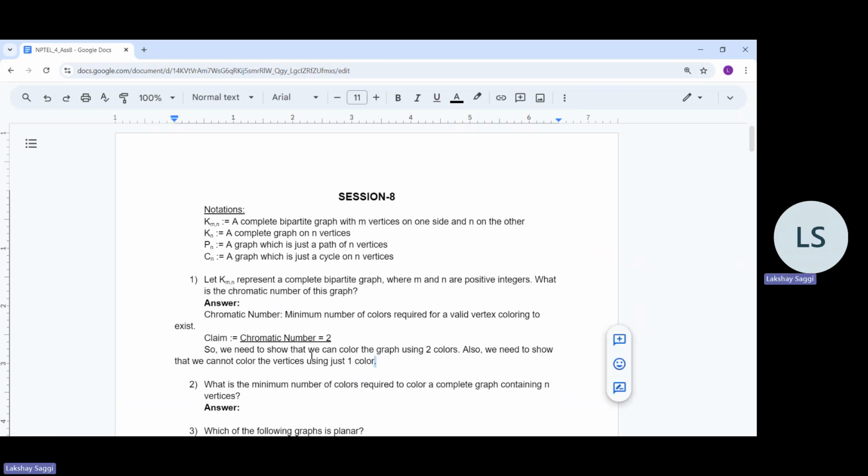And I'm claiming this part, the lower bound part, that we cannot color the vertices using just 1 color, is trivial. I don't want to write an explanation for this, but I'll just discuss this orally.